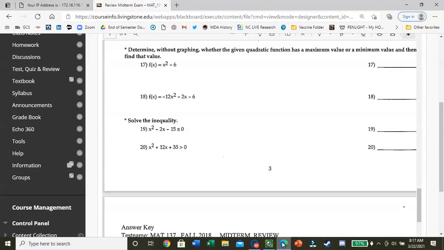All right, 19. Solve the inequality. Any questions with that? Basically, you solve it just like it was an equal sign, except for one thing. Let's go ahead and do one of them.